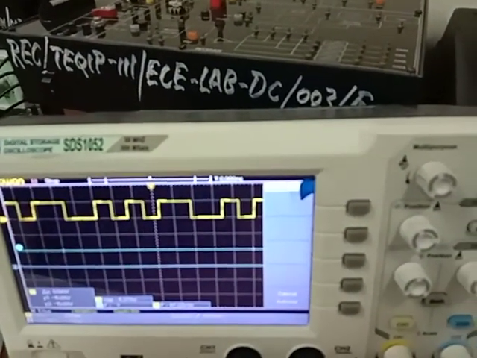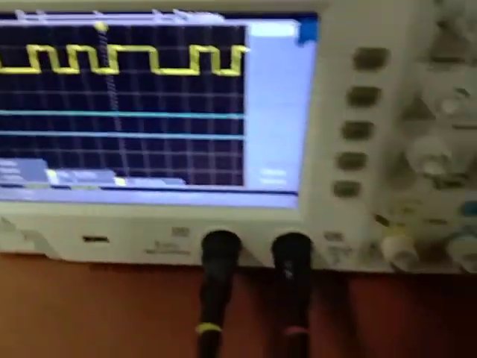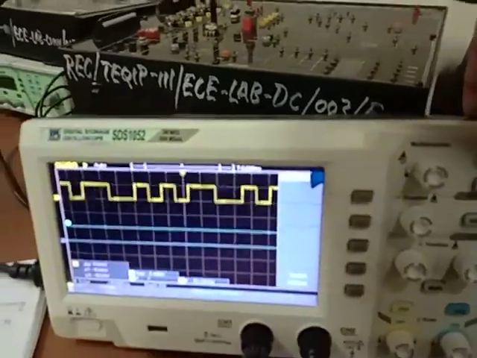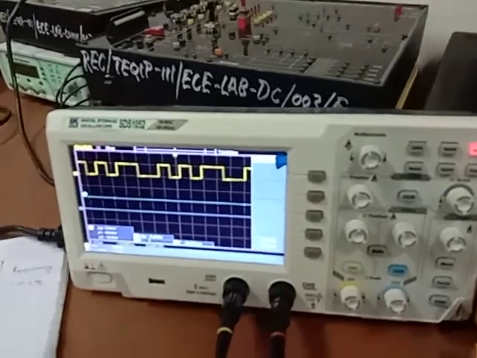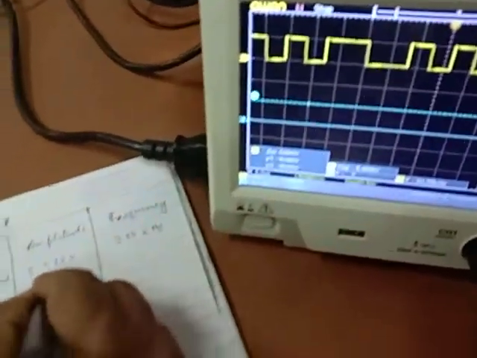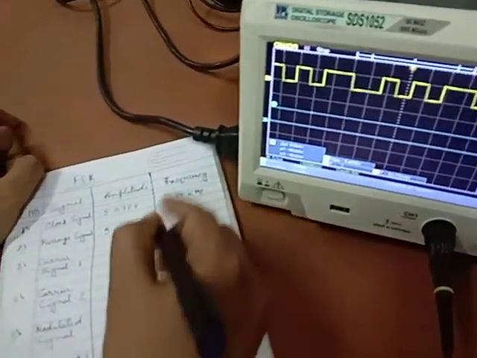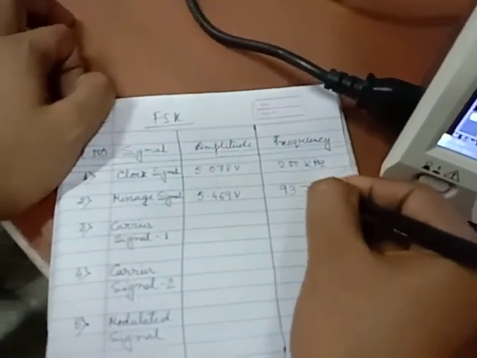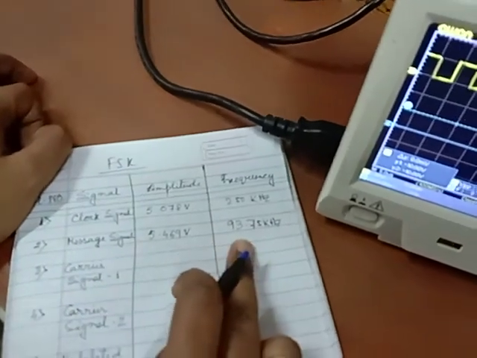After 8 bits the signal is repeated, and this is a continuous signal. After pressing run and stop, I will measure the amplitude: 5.469 volt, and the frequency is 93.75 kilohertz. This is the amplitude and frequency of the message signal.